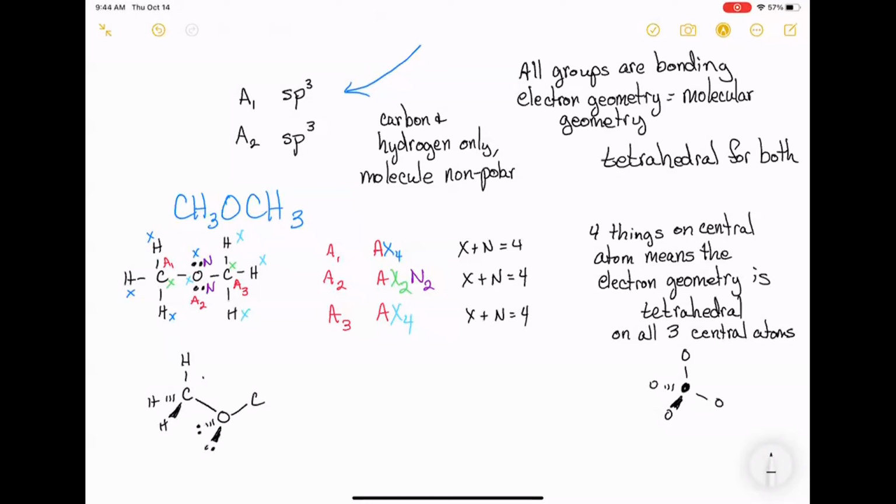And then with the second carbon, you have this structure.